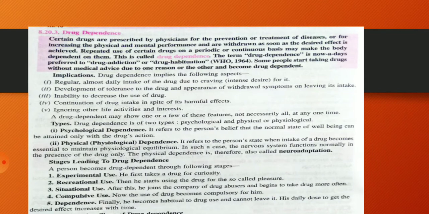Drug dependence means certain drugs are prescribed by a physician for the prevention or treatment of diseases, or for increasing physical and mental performance, and are withdrawn as soon as the desired effect is achieved.